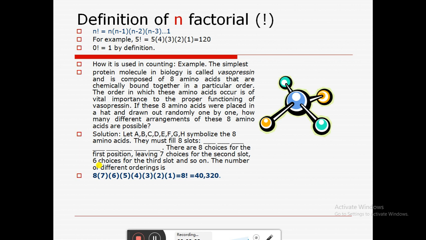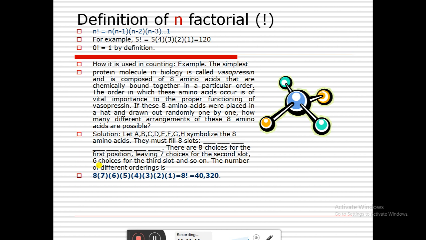Suppose these 8 amino acids are placed in a hat and drawn out randomly one by one. How many different arrangements of these 8 amino acids are possible?